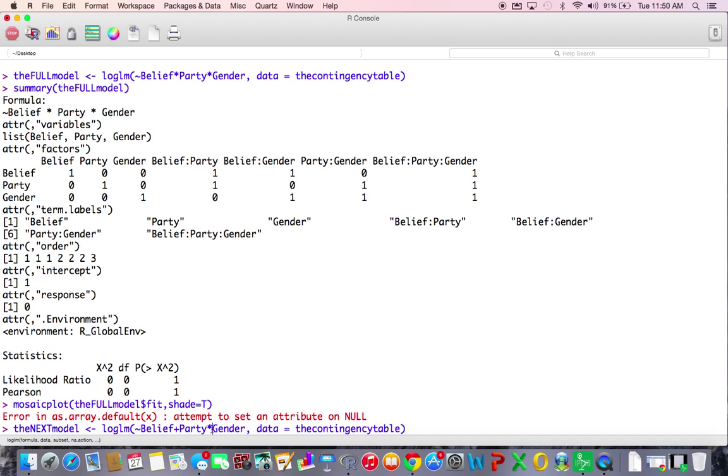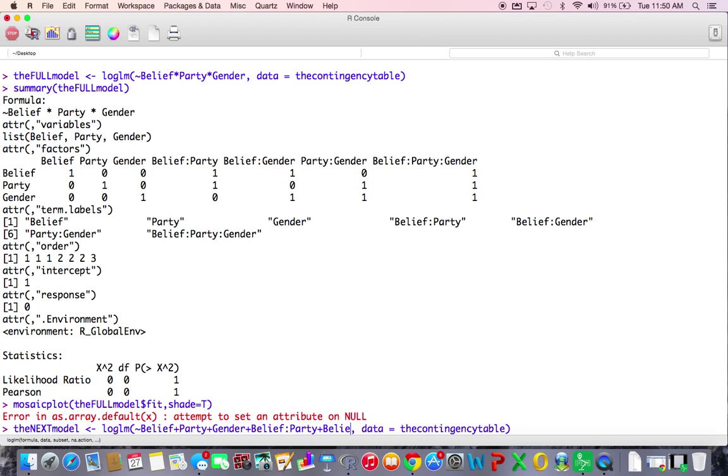So I want to go plus, plus, and I want to look at plus party across, well, let's keep this way, belief plus party.